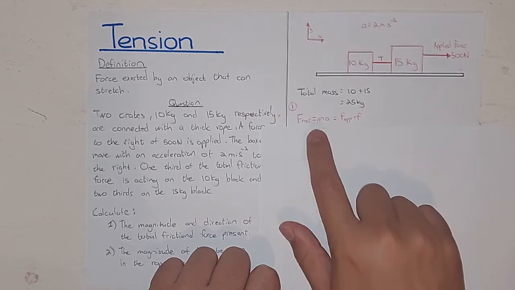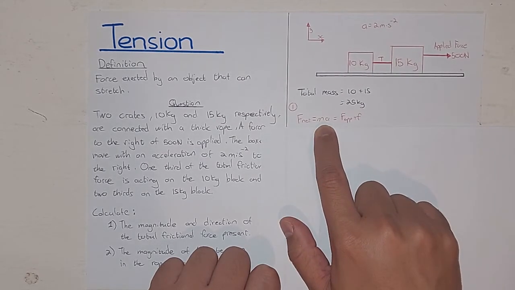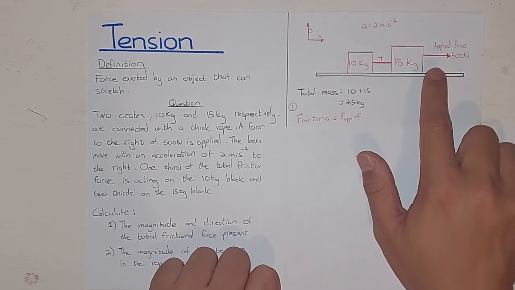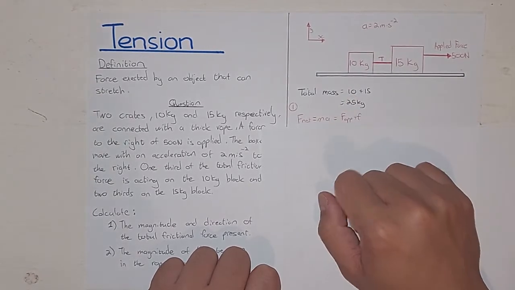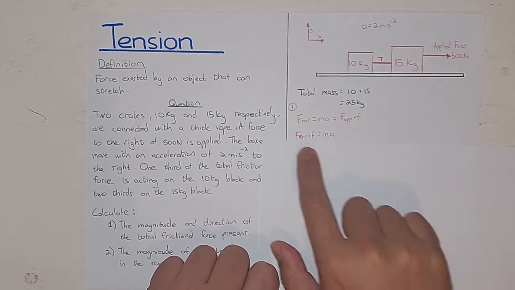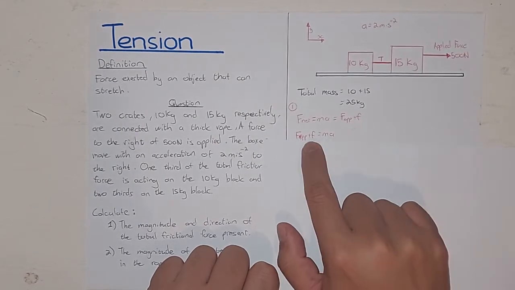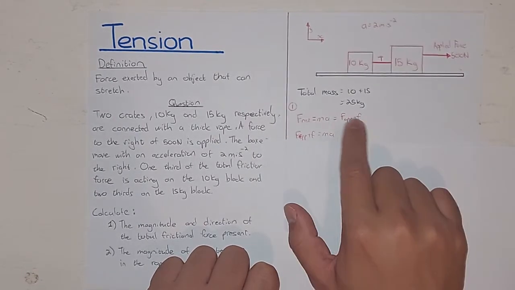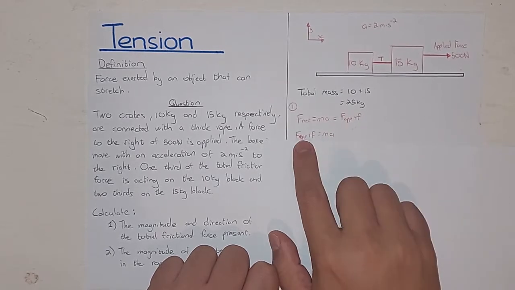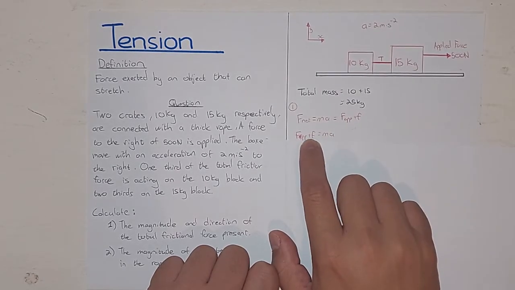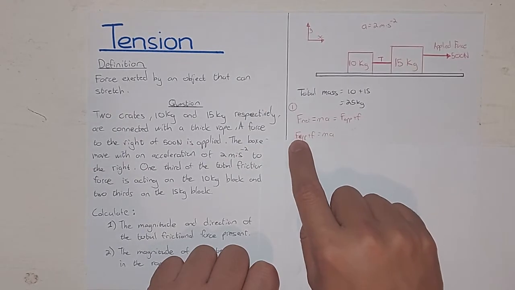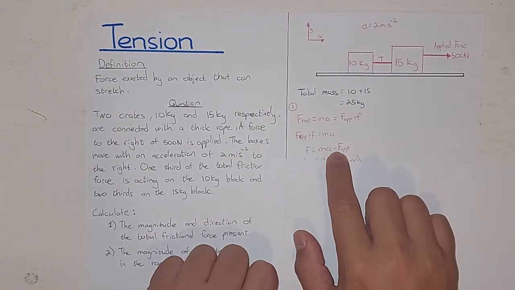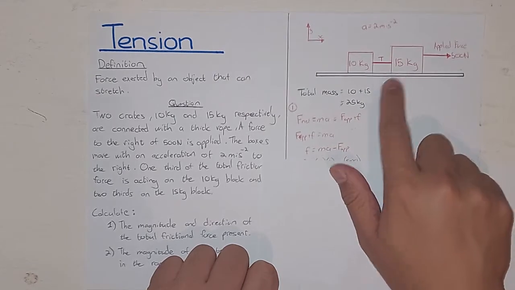So I'm going to use the formula F net is equal to MA, which is equal to my F applied plus my friction. But generally, we know that friction goes in the opposite direction. Therefore, F applied plus friction is equal to MA. So I've just rewritten that, but I am going to be looking for friction. So I'm going to take F applied over, and my F applied is going to change from a positive to a negative over there. What is my mass? 25.